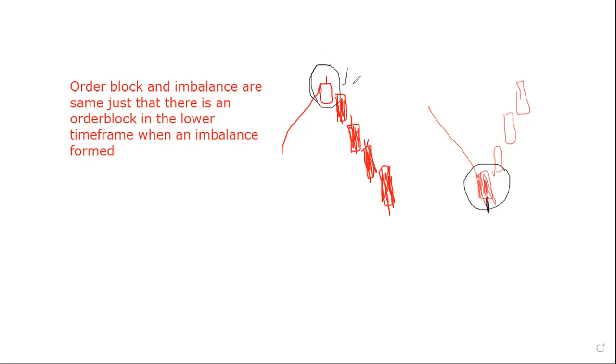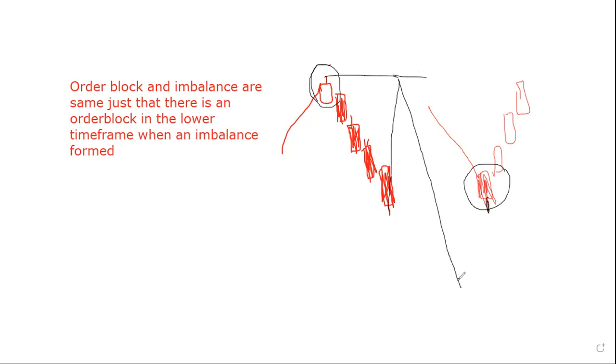Instead, price drops immediately. The motion behind this order block is that price is going to go back to fill this order block, respect this order block before dropping down.